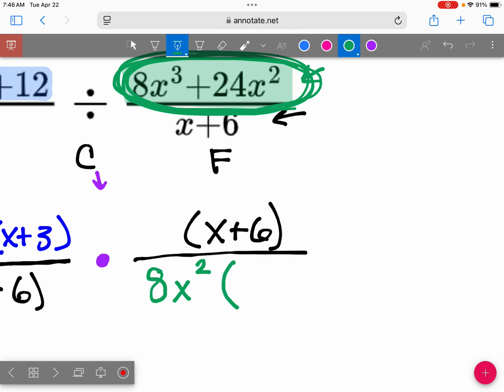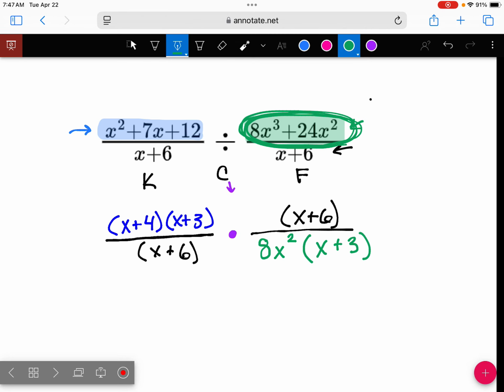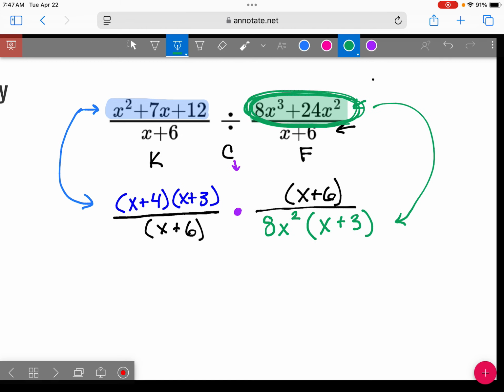When I take 8x squared out of 8x cubed, I'm going to adjust an x. And when I take 8x squared out of 24x squared, what are we left with? 3. So the blue piece led to the blue piece down here. The green piece got flipped and put in our denominator down here.